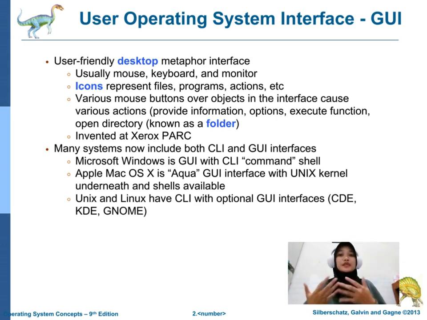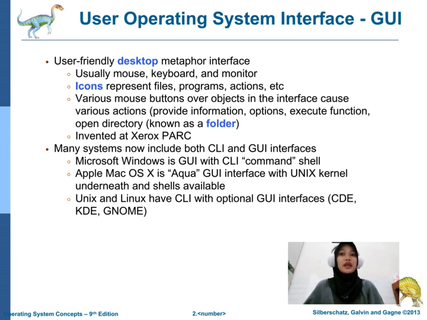The icons represent files, programs, actions, etc. The various mouse buttons over objects in the interface cause various actions, or provide information, options, execute functions, and open directories.